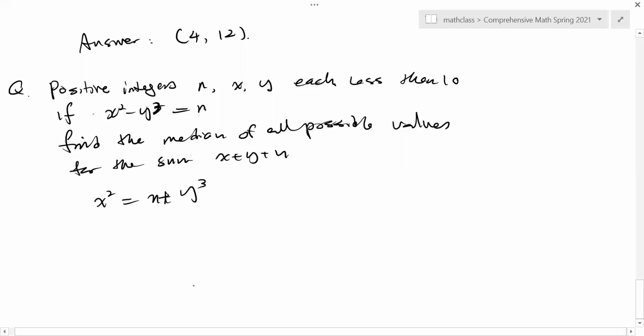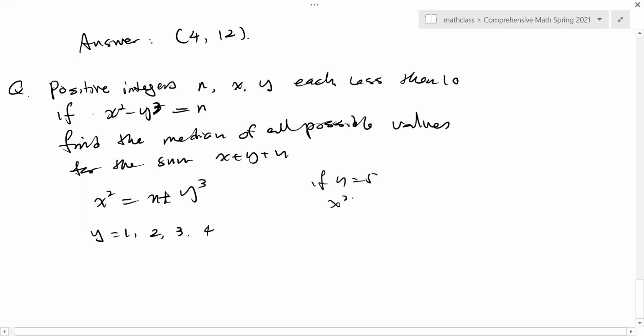Just let y be, because the possible values for y are y equals 1, 2, and y is less than 10, 3 is okay, and 4 is okay. You see, y cannot be 5, because if y is 5, 5 cubed is 125.